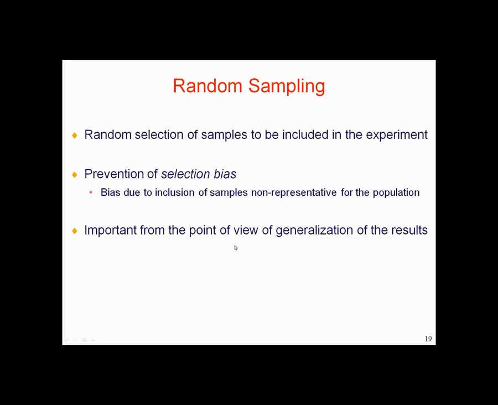If you think about a clinical hospital, you may expect that patients coming there may be more advanced in their disease than, for instance, patients coming to a small hospital somewhere in a community. So this is an issue, and this has to be carefully thought about when you run an experiment: how far you can generalize the results of your experiment, and what sort of bias might be in your results given the fact that you had the subjects available which you had.